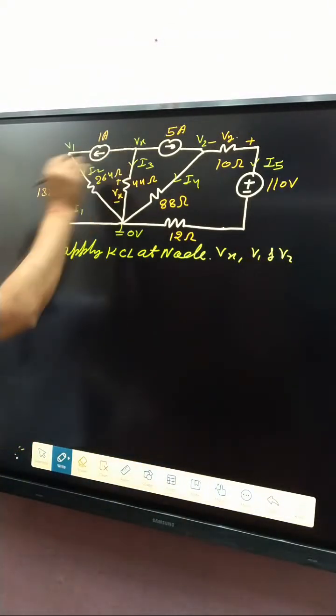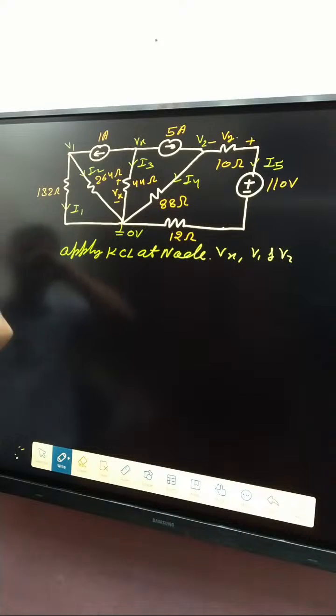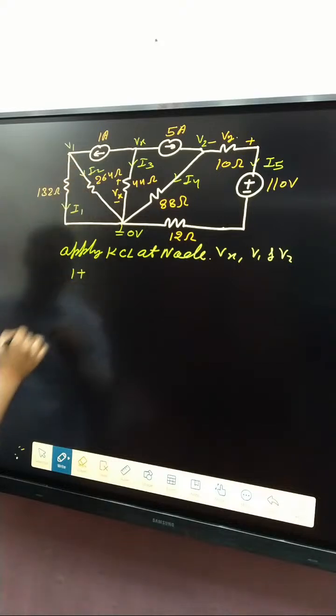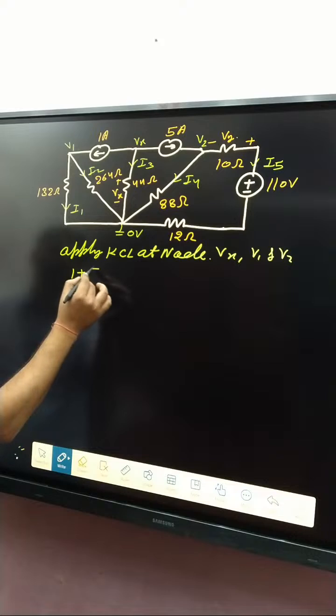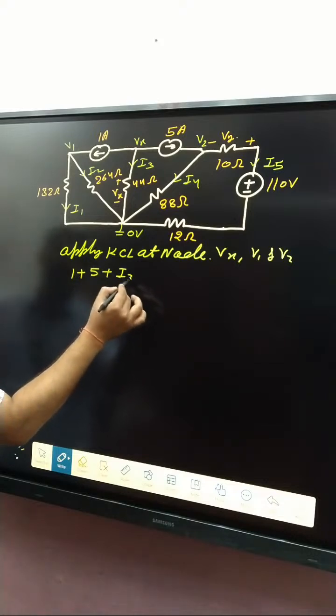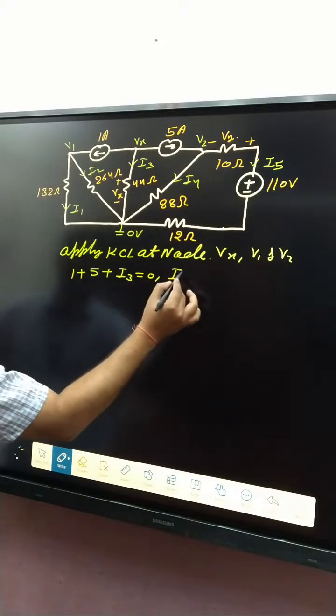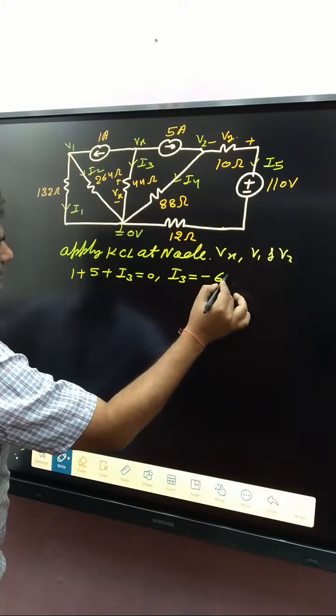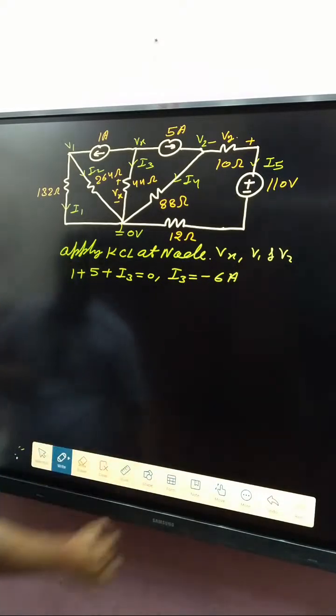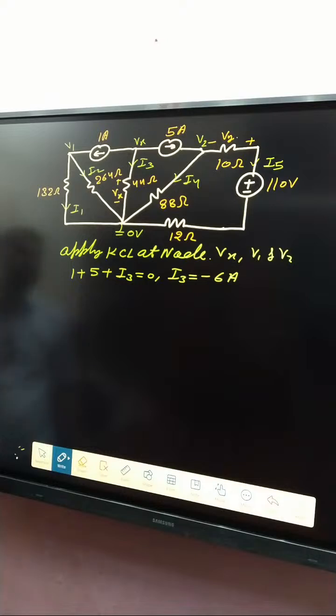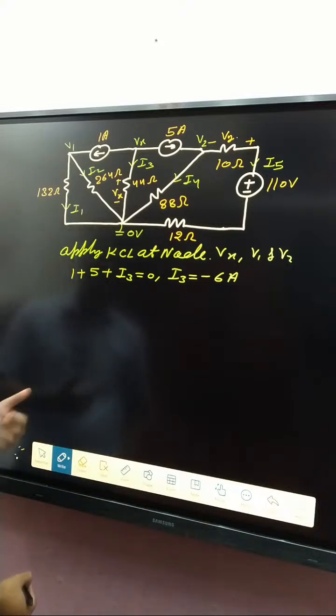If you see very carefully, 1 ampere outgoing current, 1 ampere plus 5 ampere plus I3 equals 0. So I3 is minus 6 ampere.